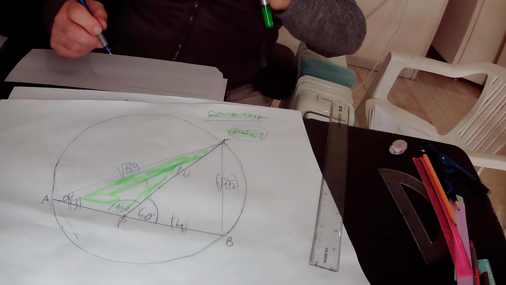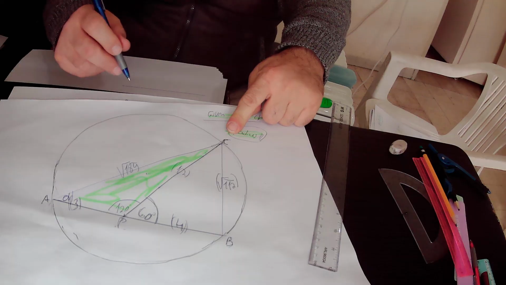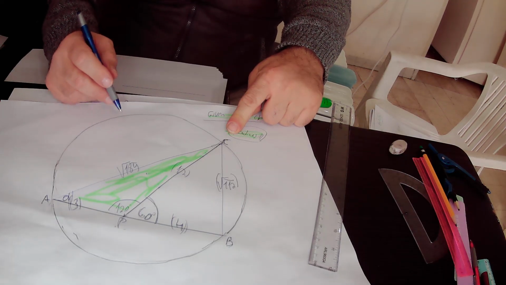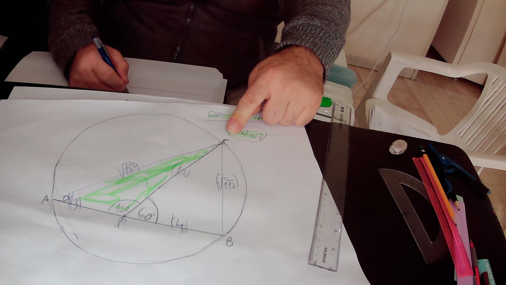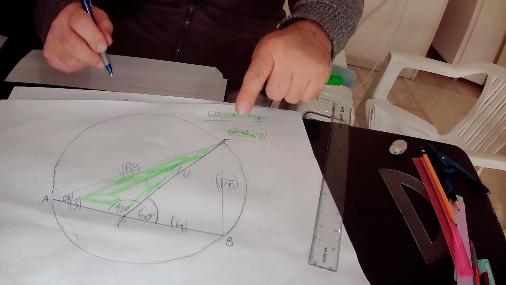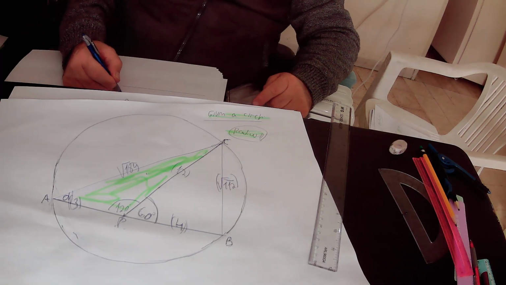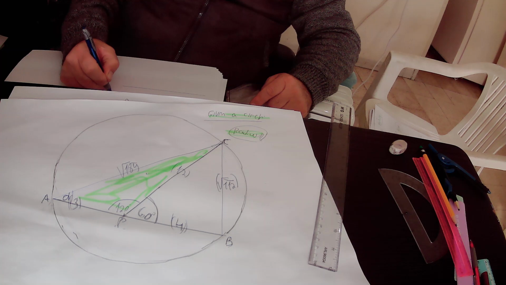Minus 2 times AC, or CA, is equal to the square root of 189, times AB. AB equals to 7, times cosine alpha.